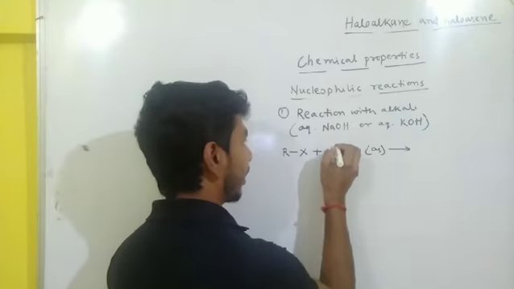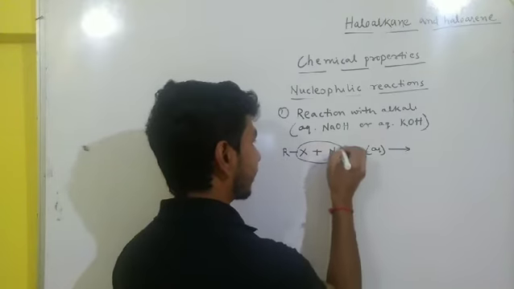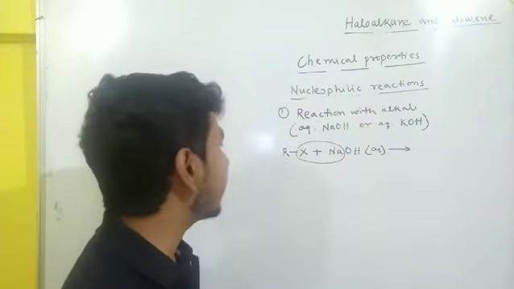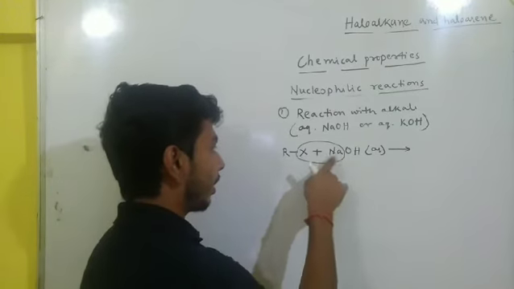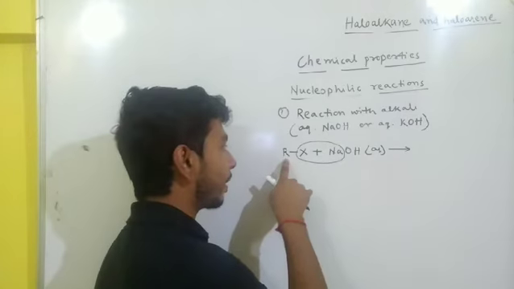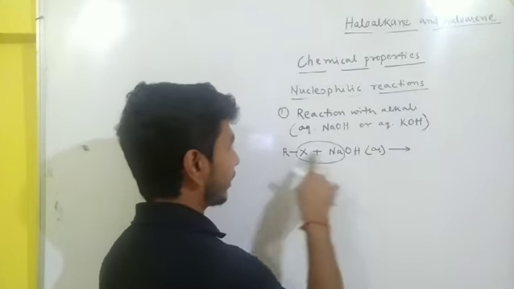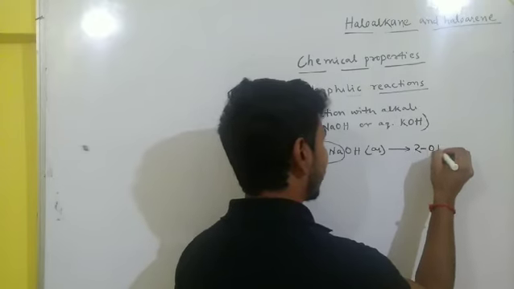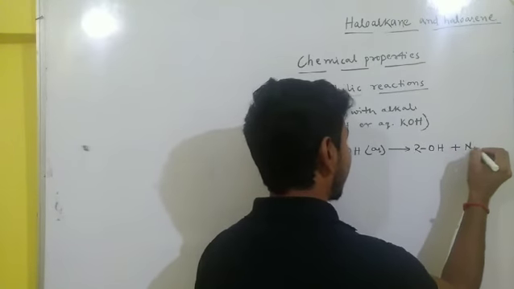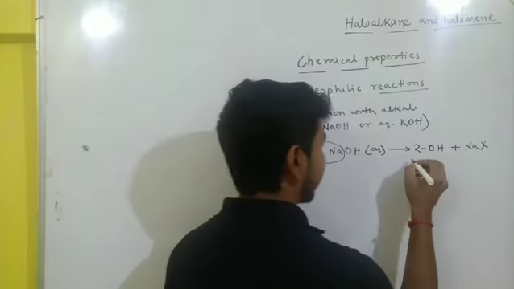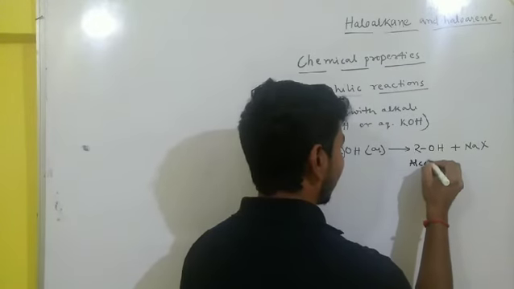Here NaX, sodium halide, is eliminated. The residual parts are R and OH. So we get ROH plus NaX. ROH is called alcohol.